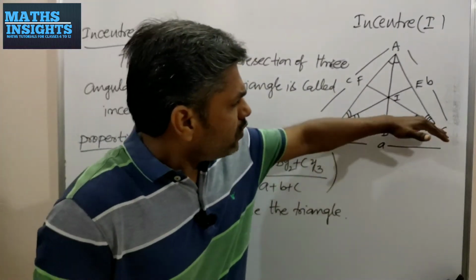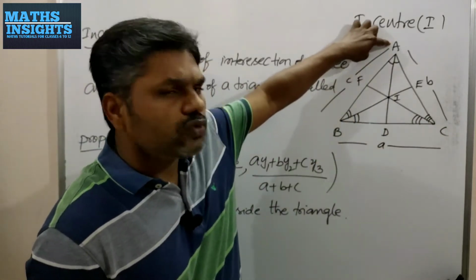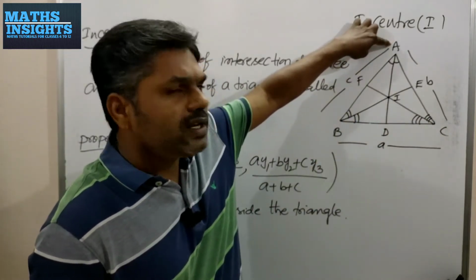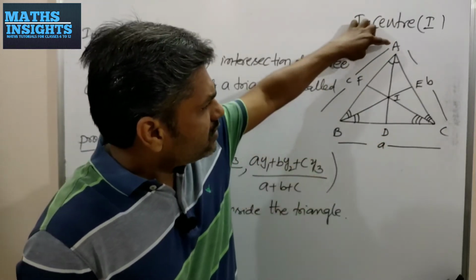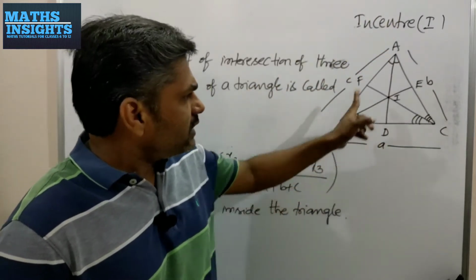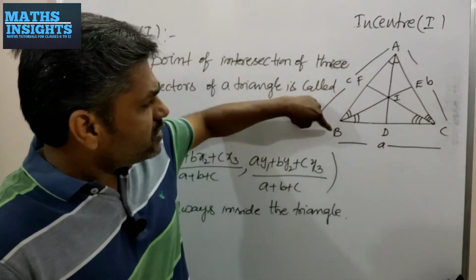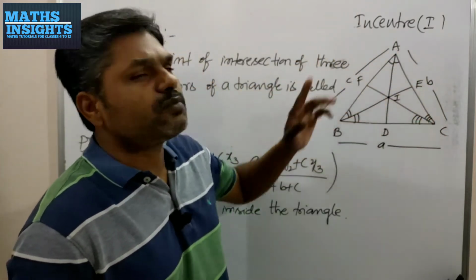Generally, we denote the length of a side with a small letter, which is opposite to the angle. This is capital angle A, and the length of the side opposite to angle A is represented with small a. Similarly, the length of the side opposite to angle B is small b, and similarly small c.